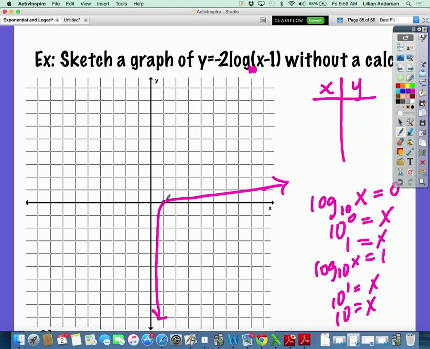So 1, 0 would stay the same thing, 1, 0. And then the negative would do what? The negative 1 will move over to the right. What about that negative on the outside of 2? It flips over the x-axis, so would it change? No, so this is now here. And also if I move it over to the right, my asymptote is also moved as well.